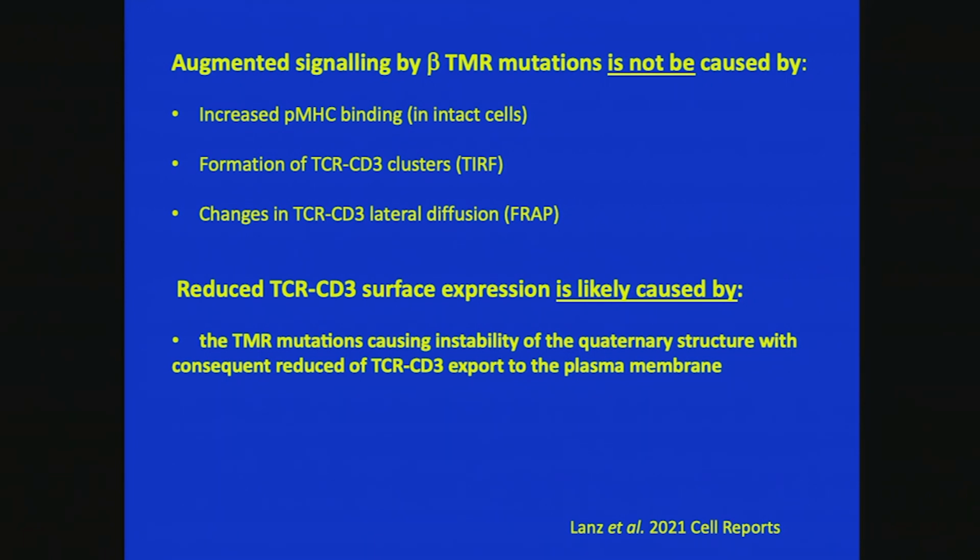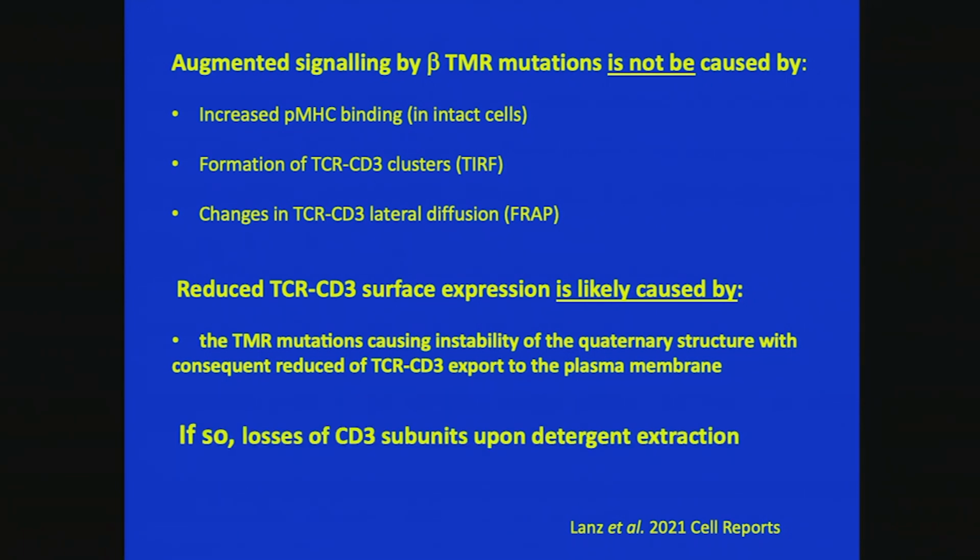Okay, so instability. One expectation was that if there was some instability in the complex induced by the mutation, you would expect, and that's work that I've done, actually, it was the first paper that we published from Paris, that it could mean that, in fact, the mutation is somehow detaching a bit the subunits.